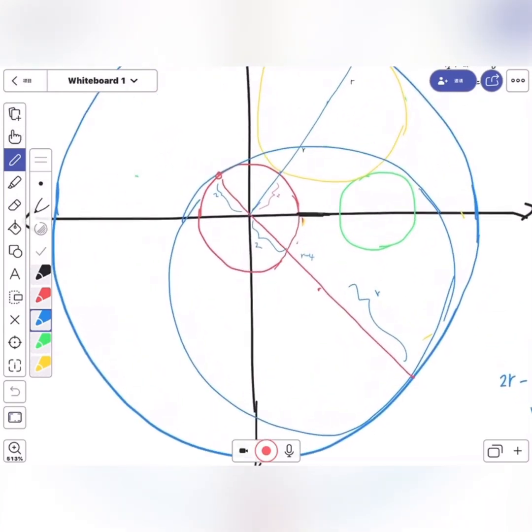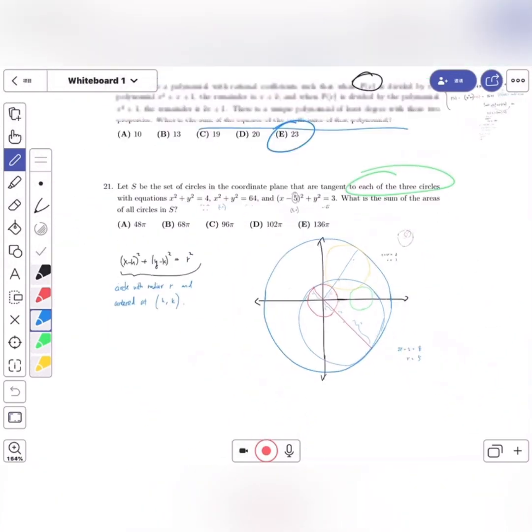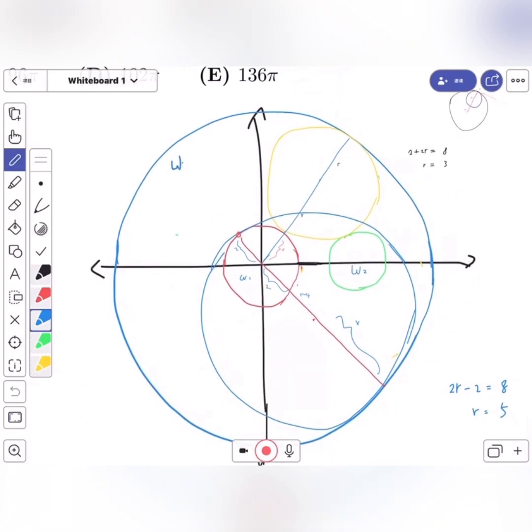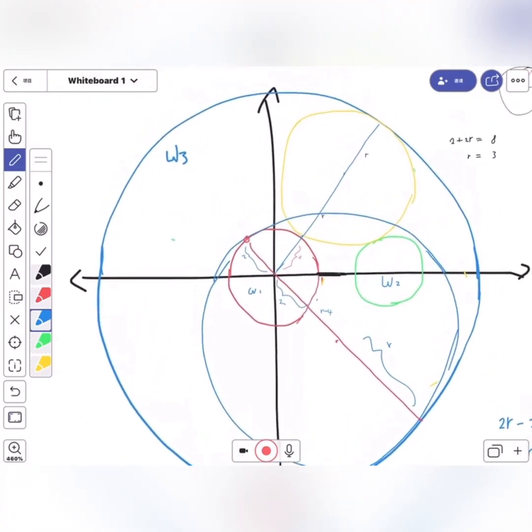Well, not. Because, well, let me just denote this to be omega 1, this to be omega 2, and the outer side circle to be omega 3. Then we can have another circle in the fashion that we can have another circle called omega 4, such that omega 1 is internally tangent to omega 4, but omega 2 is externally tangent to omega 4, and omega 4 is internally tangent to omega 3.